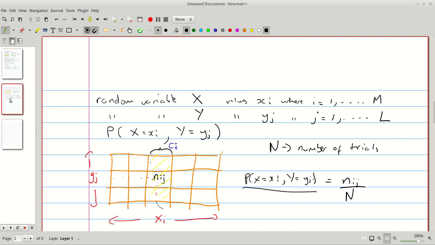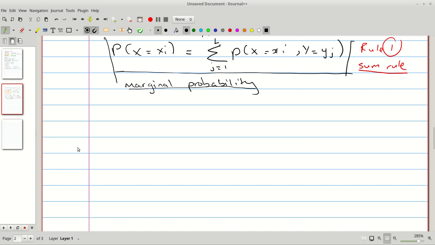How do we express this question? We express it as the probability that y equals yj given x equals xi. This is called the conditional probability. It is conditioned on the variable x being equal to xi. Given this condition, what's the probability that y equals yj?